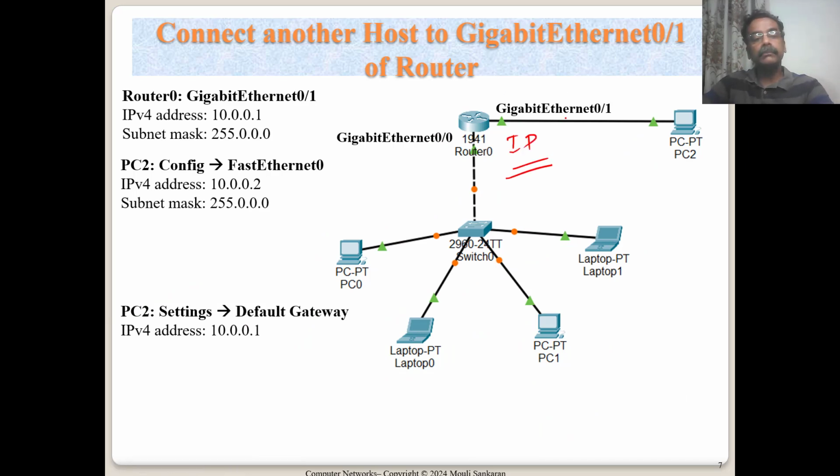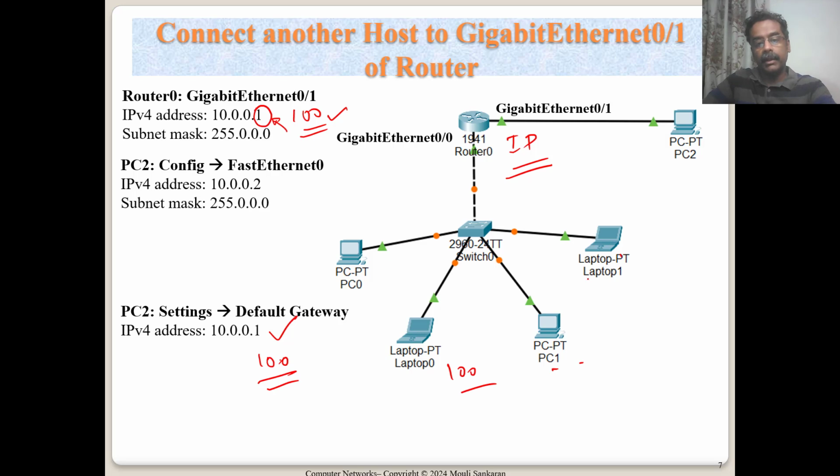If I have allotted 1 here, 10.0.0.1, I need to write the default gateway like this. Suppose because of some reason I am not interested in giving 1 here, maybe I have put 100, which is not conventional, but you can still do it. This circuit will work. If I have given 100, then I need to make sure that on all the machines I give 100 as the default gateway.